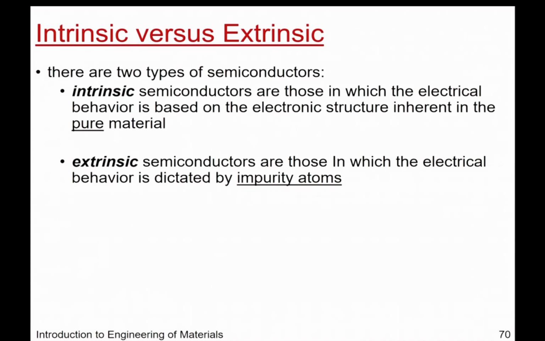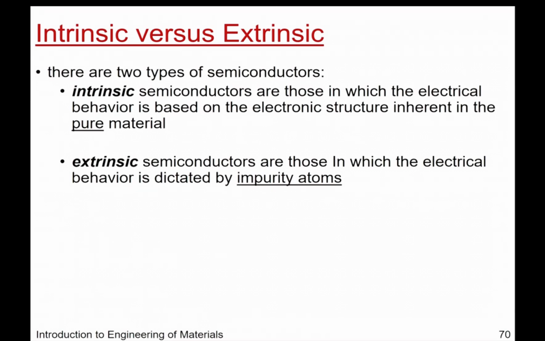And also when we talk about semiconductors, we talk about these charge carriers that contribute to the conductivity. And so there are intrinsic charge carriers and there are also extrinsic. So there are intrinsic semiconductors and there are extrinsic semiconductors.